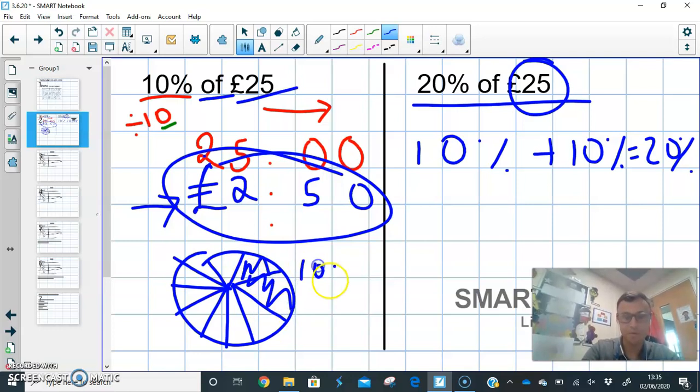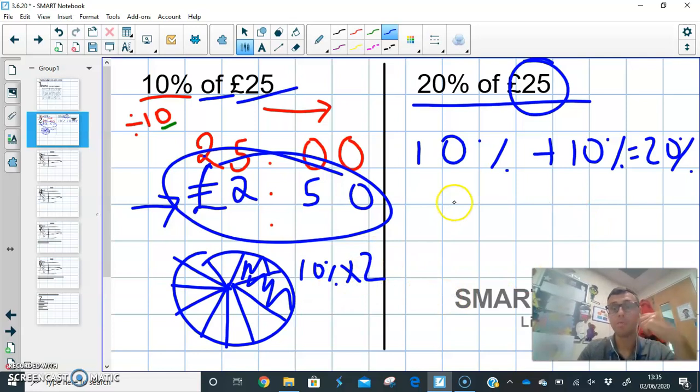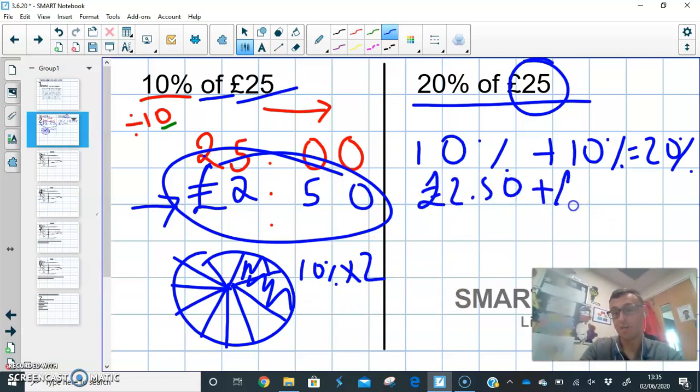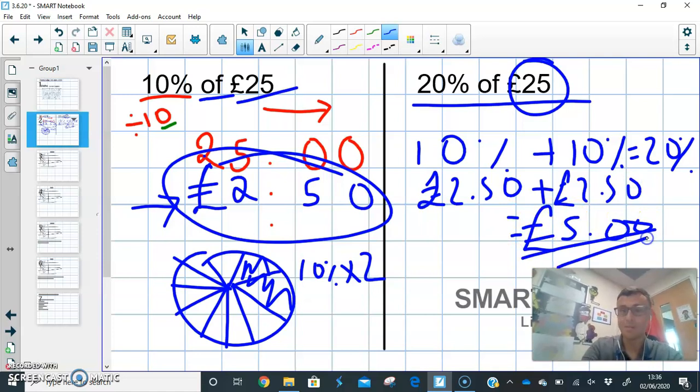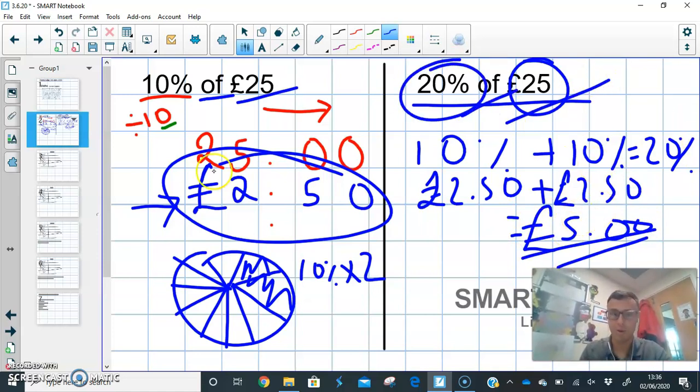I need to add 10% twice or times 10% by 2. So 10% we know is £2.50, and I need to add another £2.50 to it. That gets me to £5. So 20% of £25 is £5.